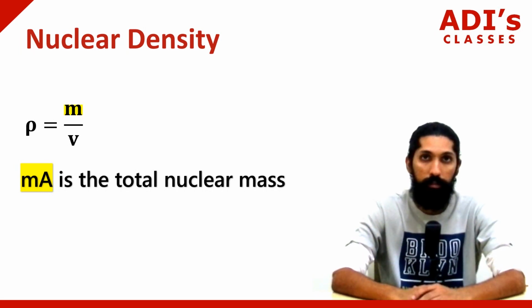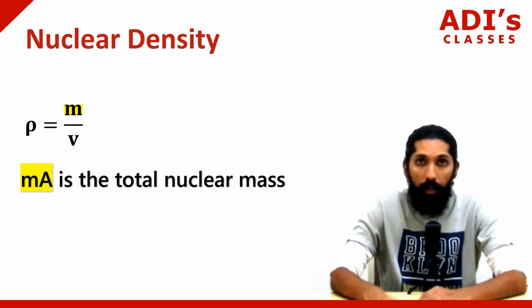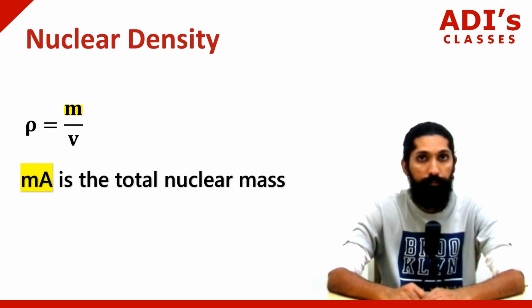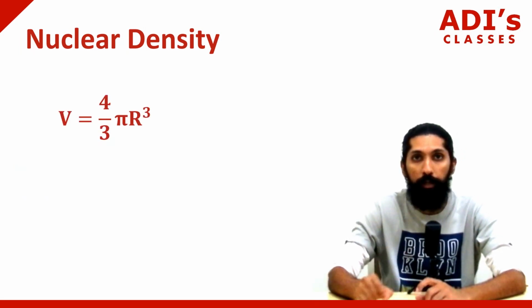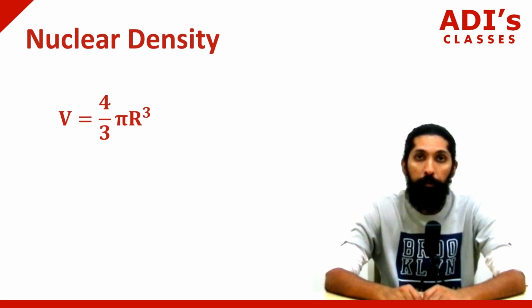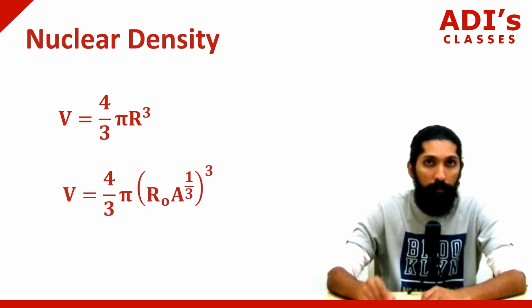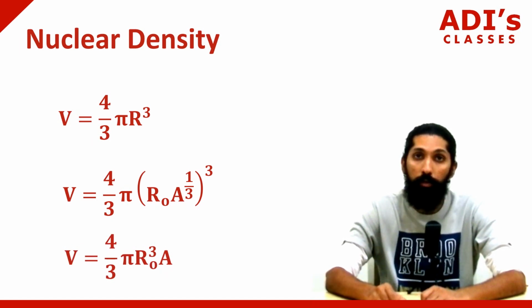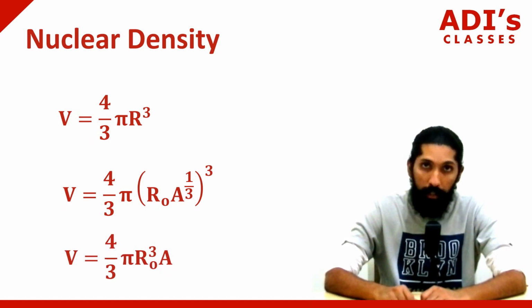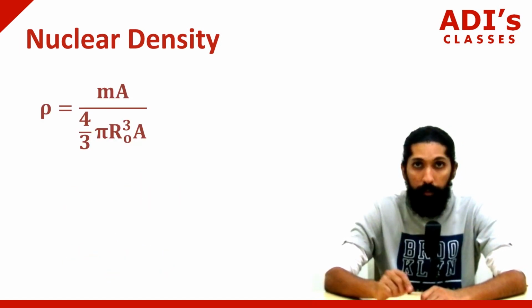That also makes sense, isn't it? Now we know the total mass, and we have to calculate the volume. Volume is 4/3 pi r cubed, so 4/3 pi times (r naught A to the power 1/3) whole cubed. If you do this, you get 4/3 pi r naught cubed times A.